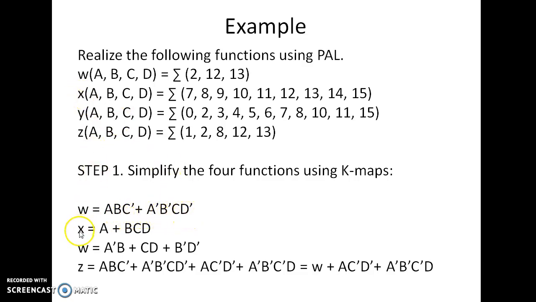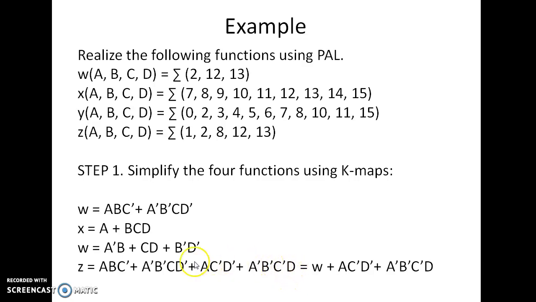Similarly, the simplified expression of X is A plus BCD. Like this, we can simplify the 4 output functions W, X, Y and Z. Now if you see Z, how many product terms are there? There are 4 product terms.